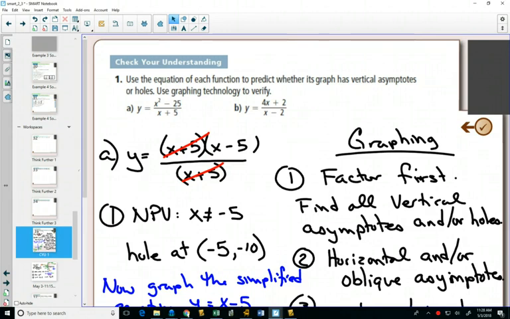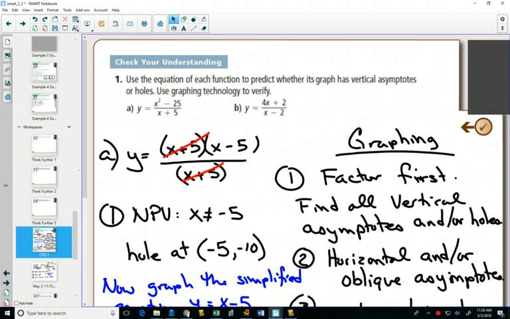And one of the mistakes that students make in a question like 1a is they look at the question and right away say, there's an oblique asymptote, because there's a higher degree in my numerator. That's not the case, because you always have to do step 1 first. In step 1, you factor first and find all vertical asymptotes and or holes. So when I factored it, my x plus 5 canceled out.